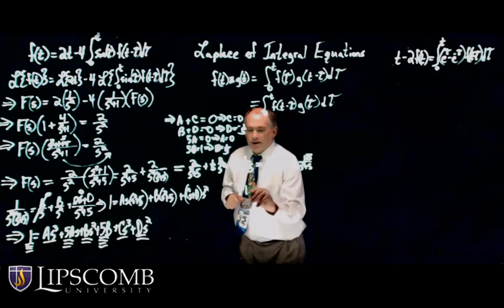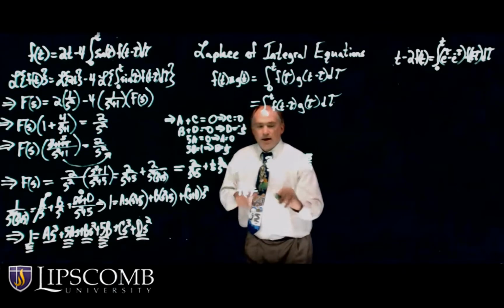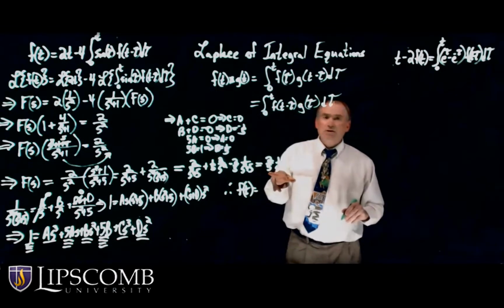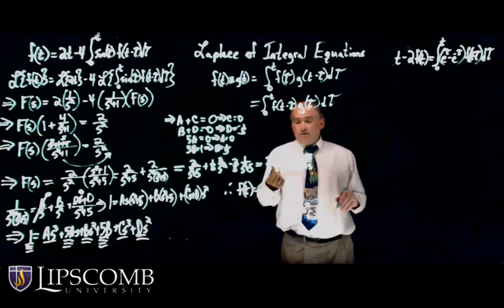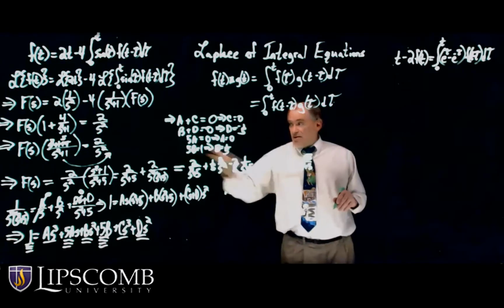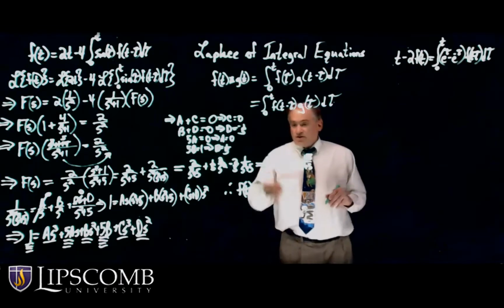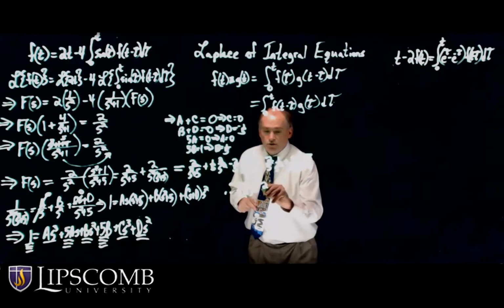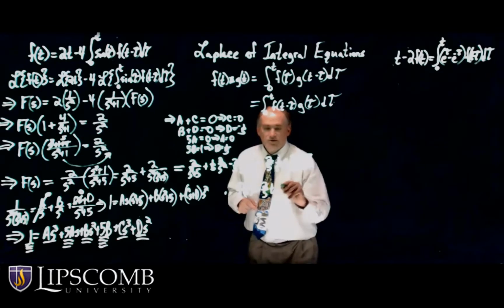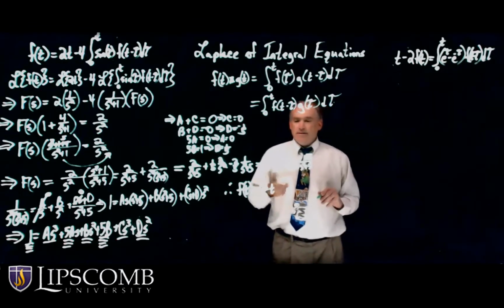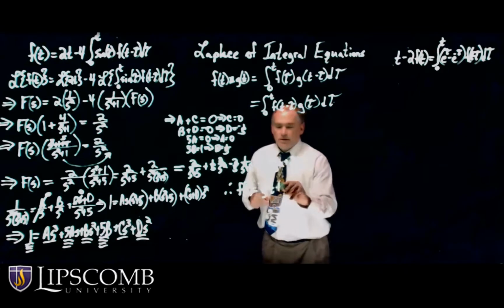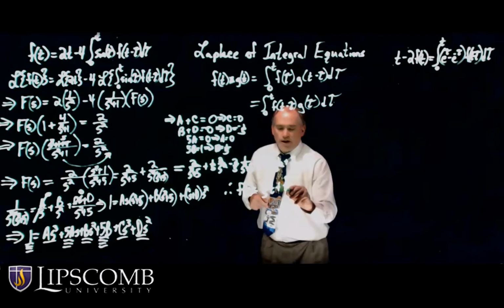So f of t equals the inverse Laplace. This is the third step. Inverse Laplace, because I finished the second step by solving for F of s. Third step, take the inverse Laplace. So this would be what? 2/5 t, I got that, plus 8 over 5 times the square root of 5.